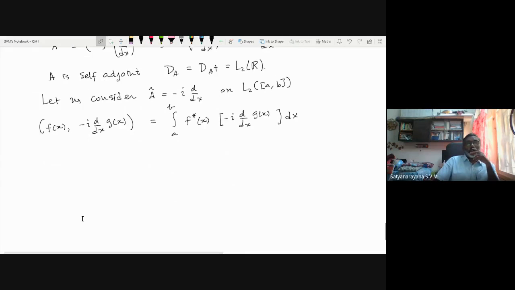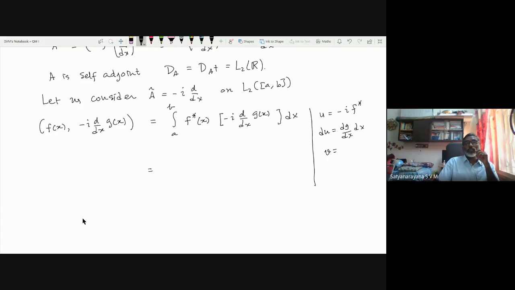Okay, so now let us try to look at this expression. We have to do an integration by parts. So let's look at the integration by parts. u is equal to, let's call this minus i into f star, and dv is equal to dg dx into dx.